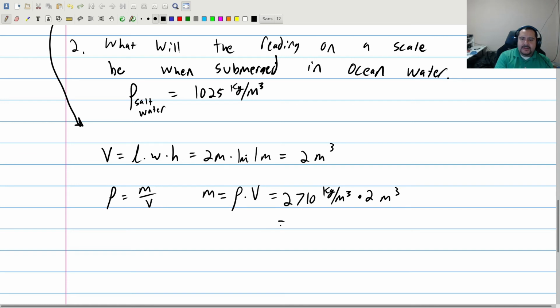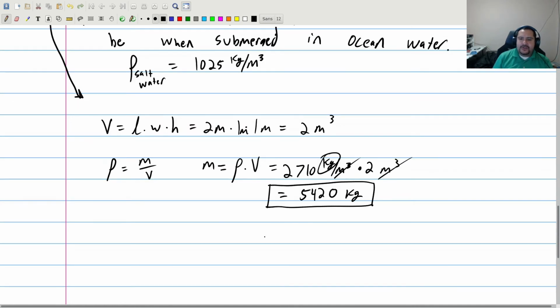So this is going to be equal to 5,420, and meters cubed there, meters cubed there, we get kilograms. So, outside of the water, the mass is 5,420 kilograms. But we're not done yet.